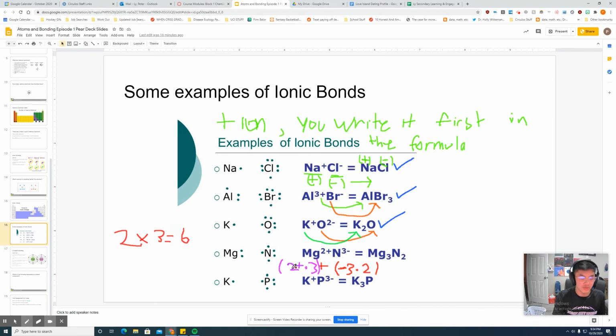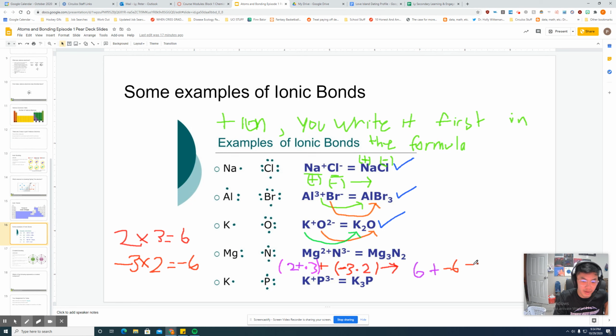So if I have a charge of 2 plus times 3, that gives me a positive charge of 6. And then for the nitrogen calculation, I would have -6 because -3 times 2 equals -6. That's pretty much it.